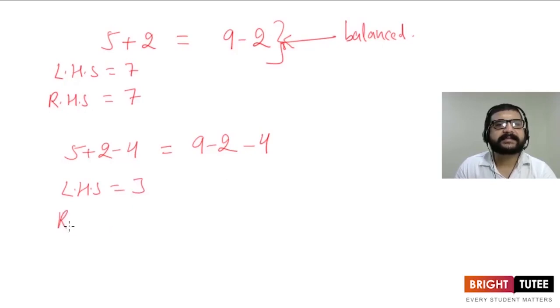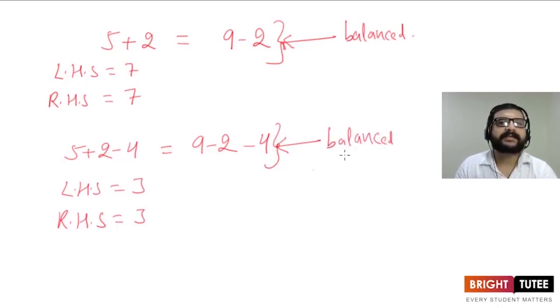And RHS here is 9 minus 2 minus 4. 9 minus 2 is 7 and 7 minus 4 gives us 3. Now again we are getting LHS is equal to RHS. Therefore the equation is still a balanced equation. Hence from here we can conclude that by subtracting the same quantity from both the sides of a balanced equation gives us a balanced equation only.